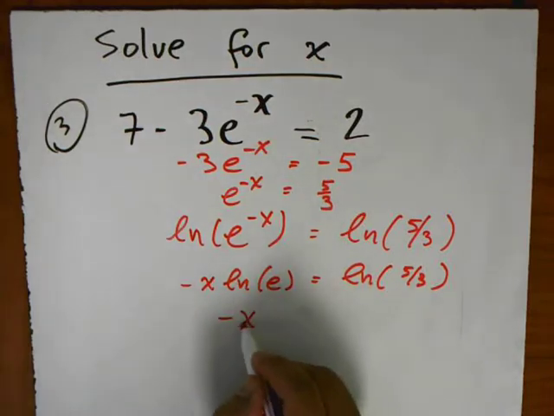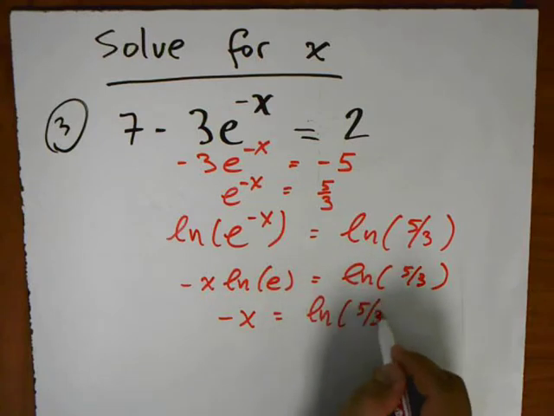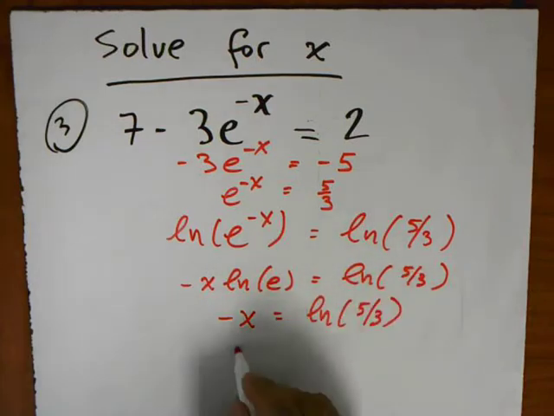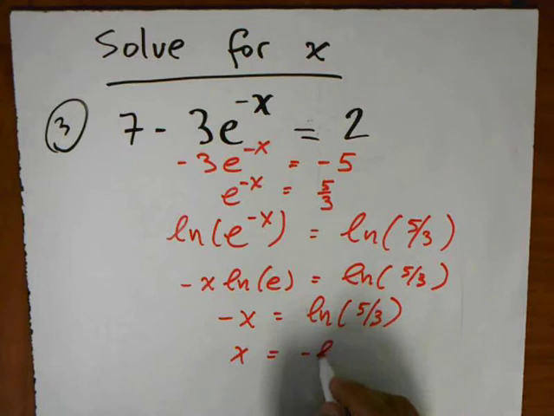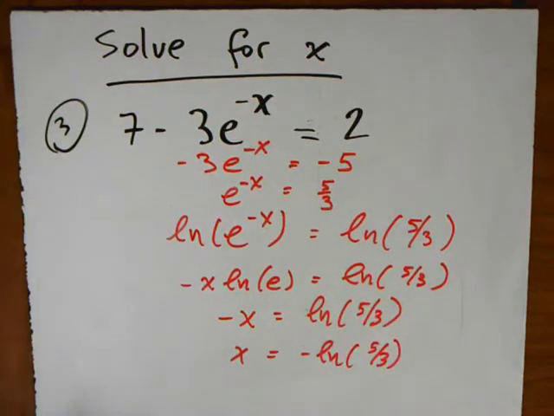So that gives us negative x is equal to natural log of 5/3, and x is equal to negative natural log of 5/3, by multiplying both sides by negative 1. If I needed an exact answer I could just stop right here and put a box around it.